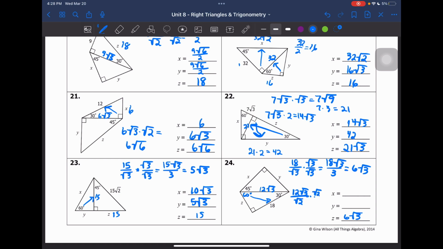So I'm going to multiply times root 2 over root 2. That's going to give me 12 root 6 over 2. And that simplifies to 12 divided by 2 is 6, and then root 6. So this is 6 root 6, and y is also 6 root 6.